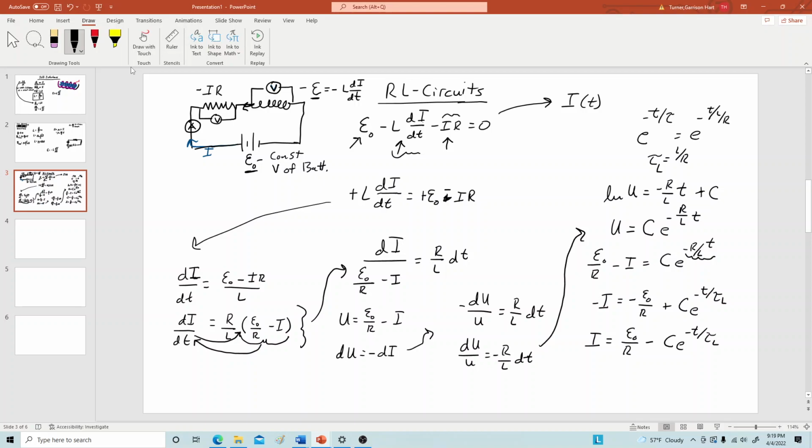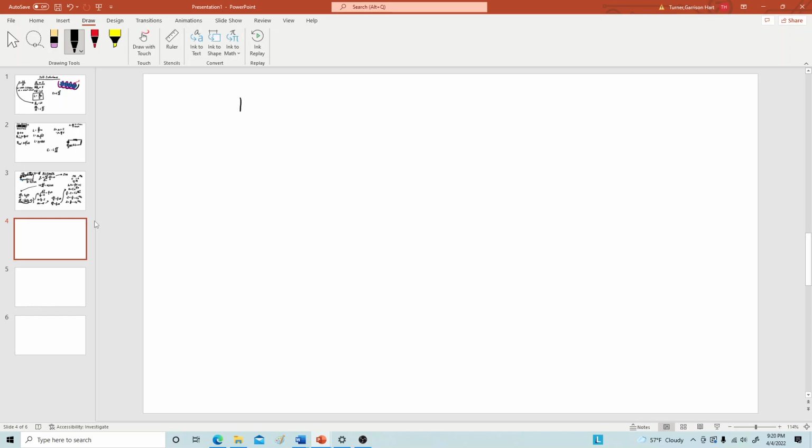And so what that means is that your current is not going to be immediately established. What that implies is your current will have a value of 0 at time equals 0. So this is our initial condition.